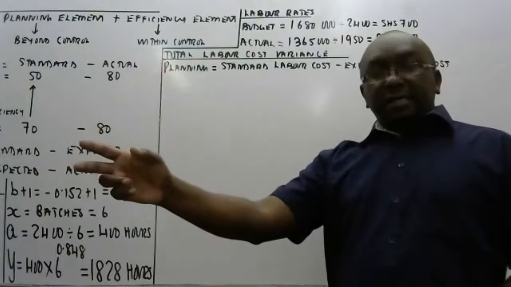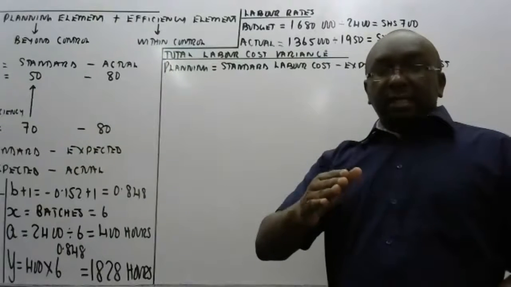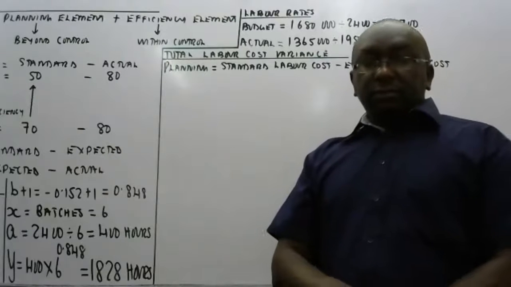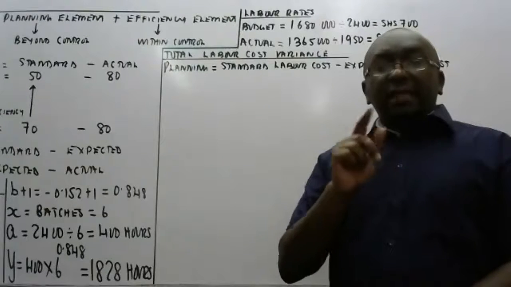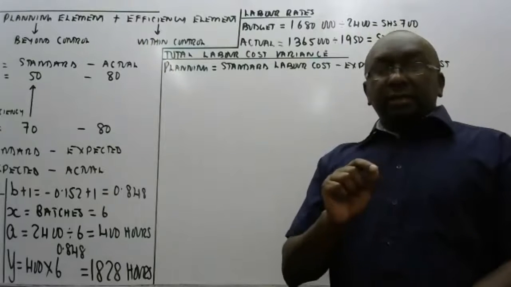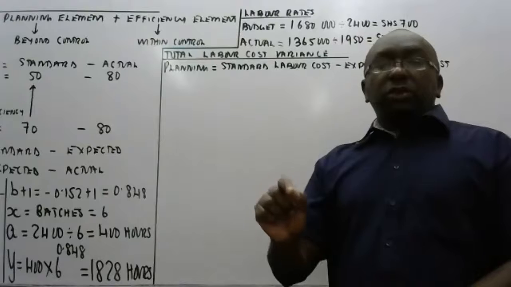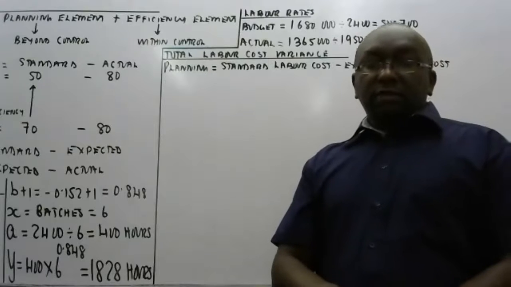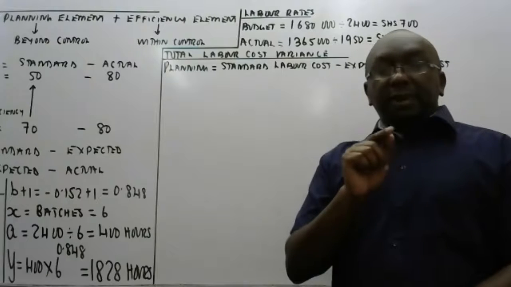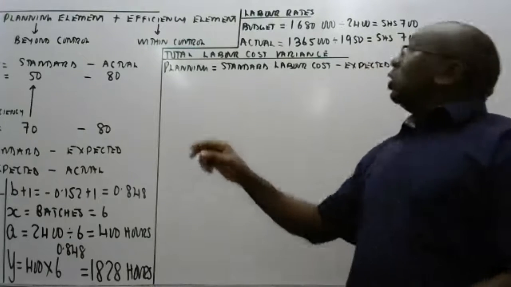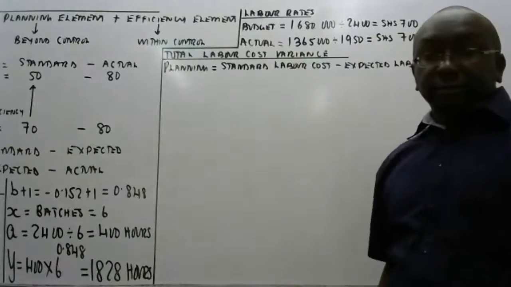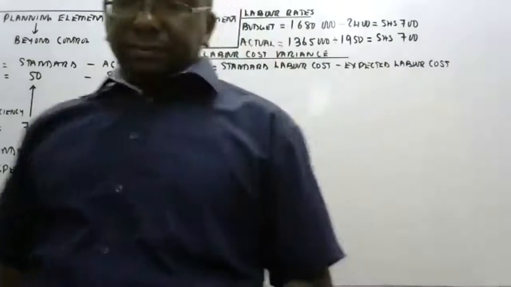If you have the budget and you want to go to the standard, you divide the budget by the units. And if the units are the same, then standard total and budget total are the same. So in our question, the units are the same. You can see the batches, they are 6, 6. So when I write standard here, I'm also talking of the budget, because they are the same.